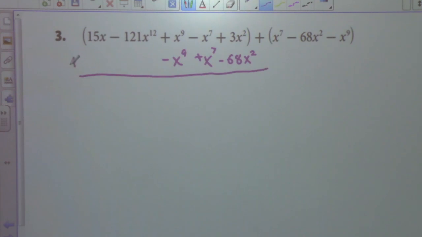So you went and added these now at this point? Yeah. So 15x, minus 121x to the power of 12, minus 65x squared. So these will zero out here? Yes, those cancel out.